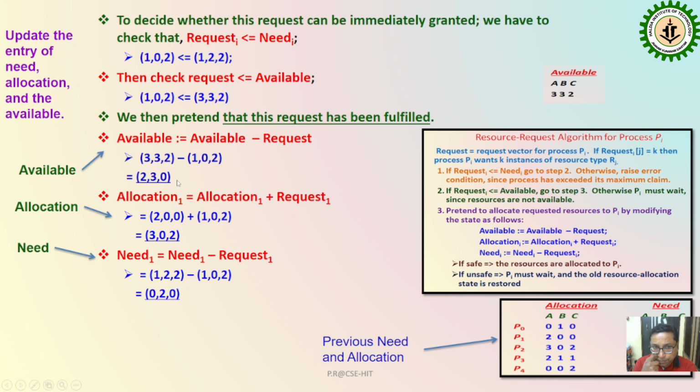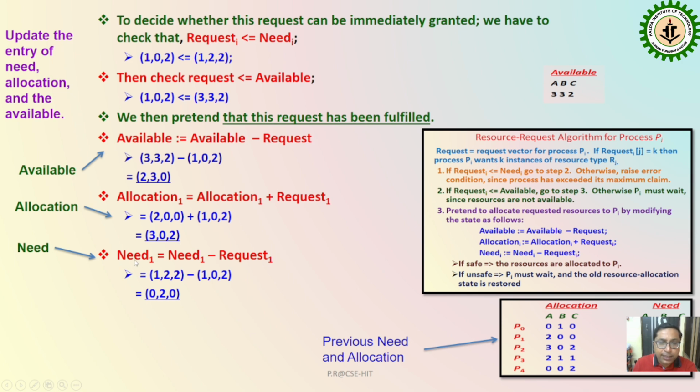After that, Allocation is equal to Allocation plus Request. What is the allocation? This is 200. Allocation is 200 plus request 102. So the new allocation is 302.